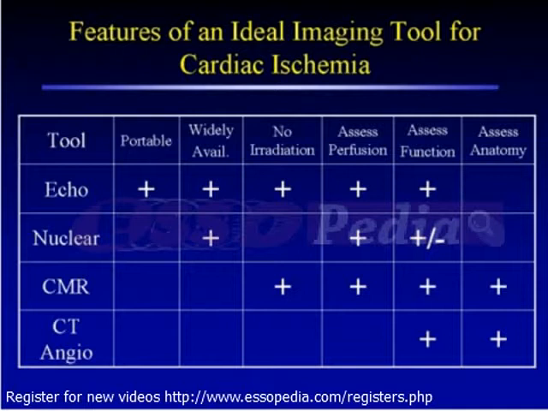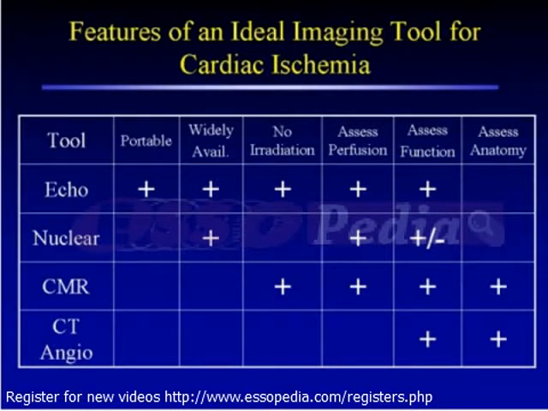First of all, the tool should be portable so that the patient does not have to be removed from a monitored acute care setting for imaging to occur. Of course, the test should be widely available, and ideally, it should not expose the patient to irradiation.